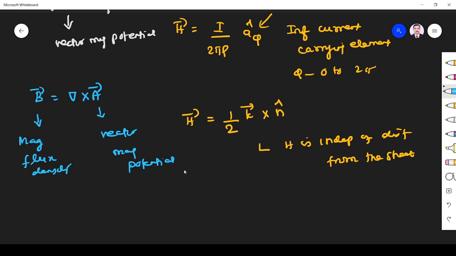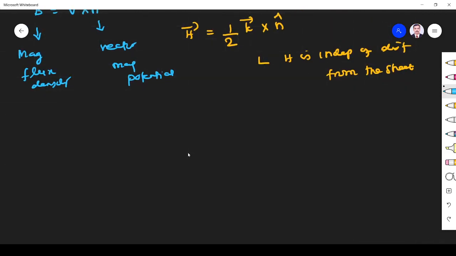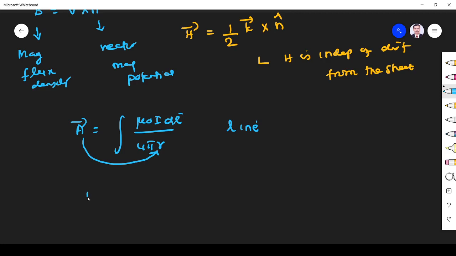From this relation, they may ask any questions. Next, we have to represent A in different ways. The vector magnetic potential is given by A is equal to mu naught I dL divided by 4 pi R. You see, in electric field also potential is inversely proportional to R. In magnetic field also potential is inversely proportional to R. It is due to a line current element.